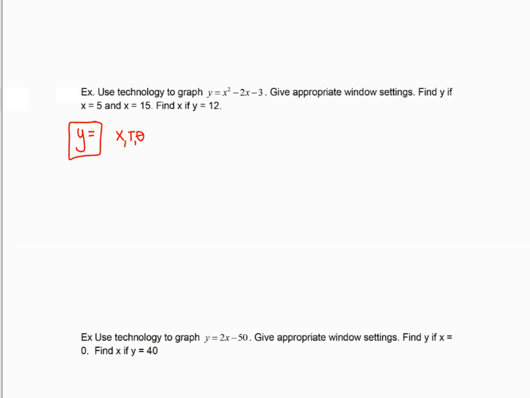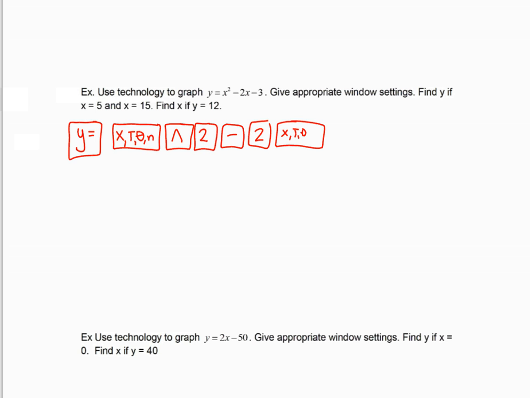The X,T,theta,n button. Power, 2, minus 2. I'm just writing it if you want this in your notes. You're good? This is all the buttons I pushed. That was the first thing I did.